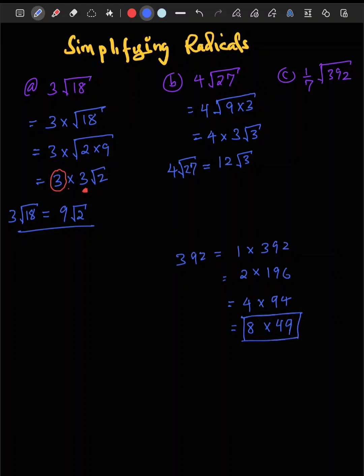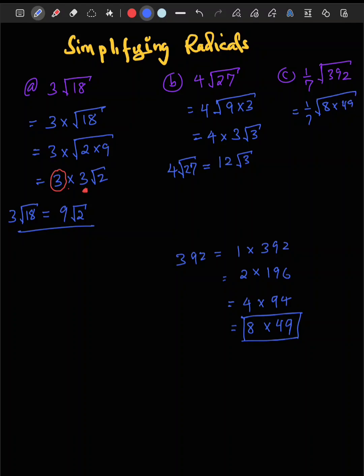So in our question, part C, instead of having 392 under the radical, we can write this as 1 over 7 times under root 8 times 49.